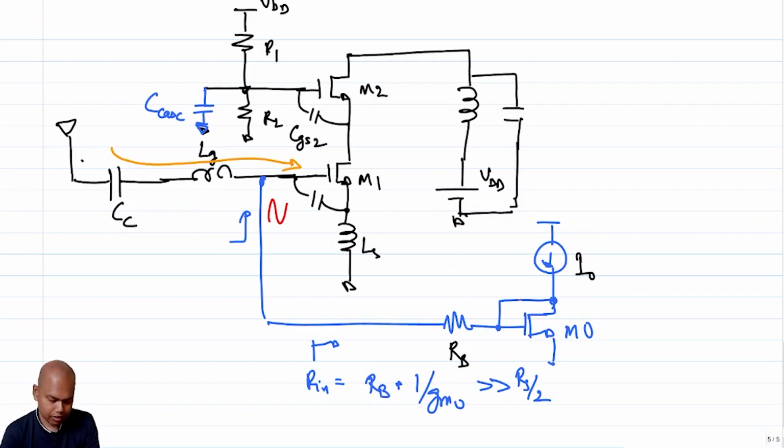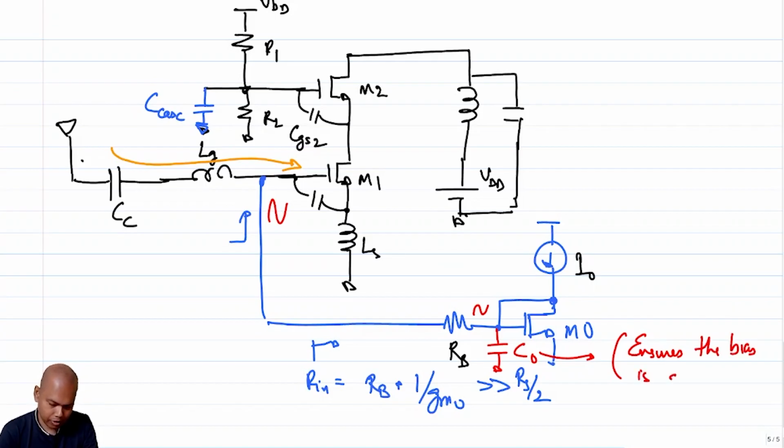That swing can percolate here, albeit in a very attenuated form, but nevertheless, in order to ensure that you do not tamper the diode connected voltage that is generated by the swing that you are encountering, it is always a good practice to have a capacitance here, C0, which ensures the bias is stable.